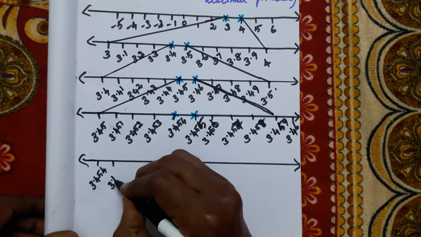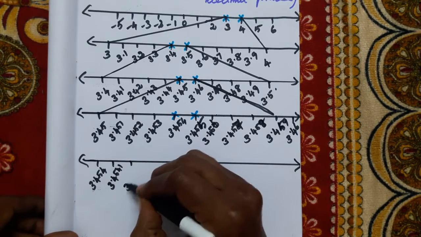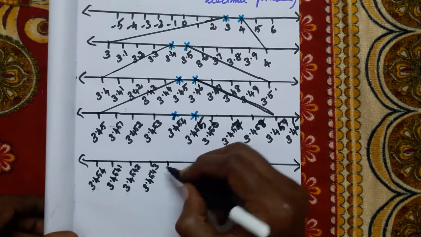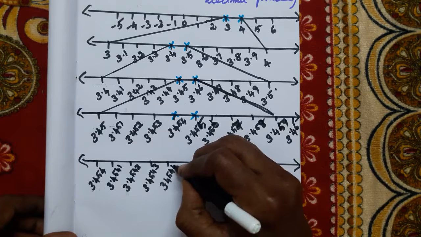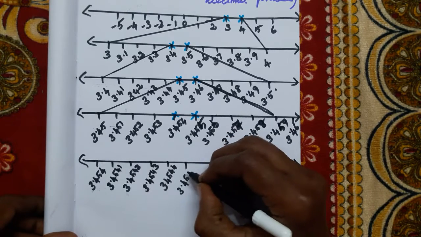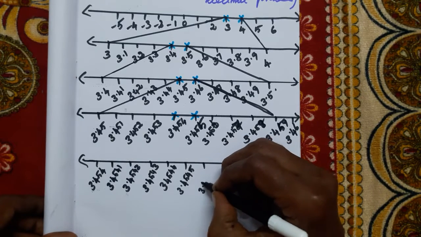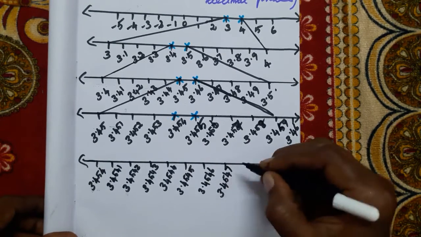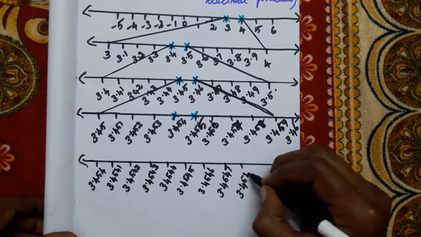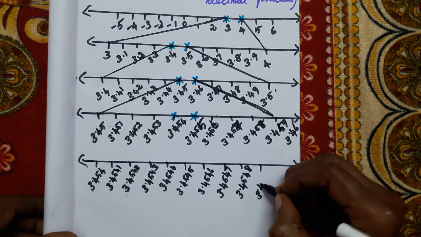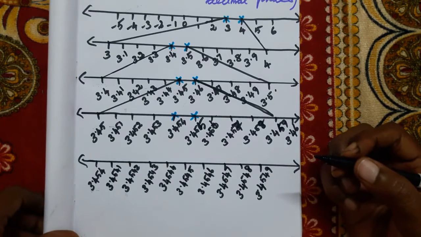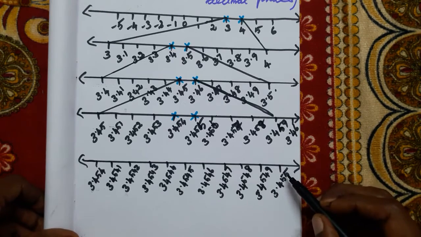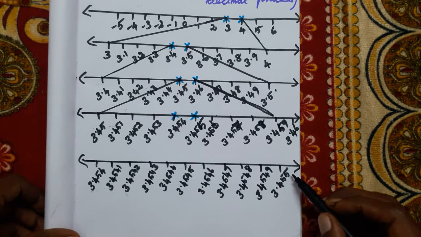Afterwards 3.4541, 3.4542, 3.4543, 3.4544, 3.4545, 3.4546, 3.4547, 3.4548, 3.4549, after 3.4549, 3.455.